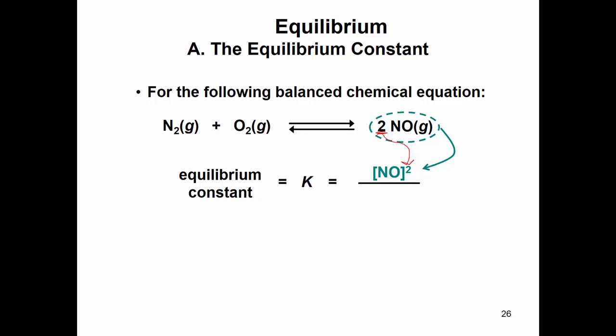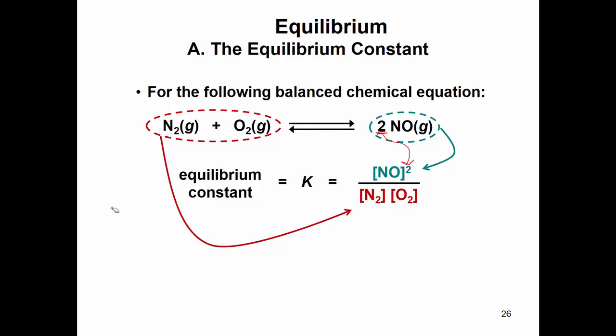In your calculator, you've got to put it as an exponent, to the second power. K is products over reactants. We have 2 reactants, therefore we have to plug in those concentrations. Right now, we don't have values in here. We're just looking at the form and how we would start out writing the equilibrium constant.